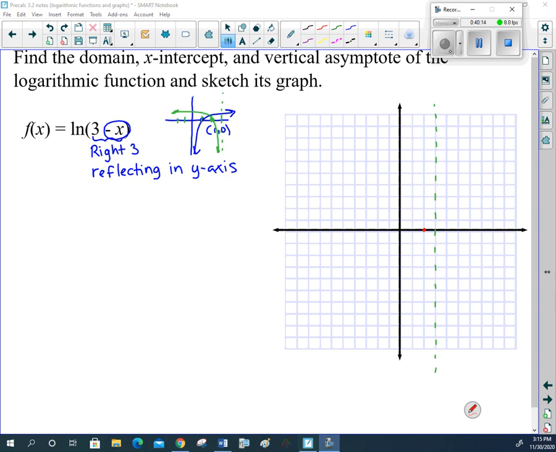So our original point was right here, and then if we reflect it, it would go to here, and then if we move it 3 to the right, 1, 2, 3, we end up right here. So that's kind of how you do that transformation manually. So reflect and then do your left and right movements after that.